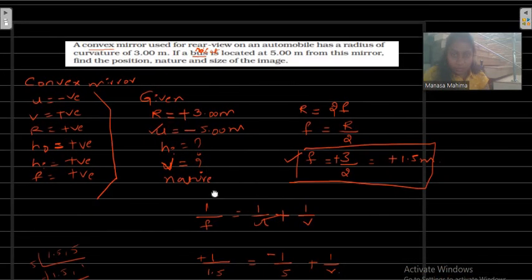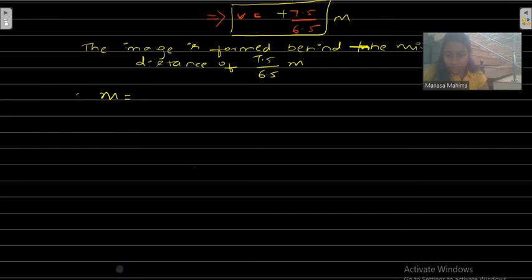You know the magnification formula, right? Magnification, how you can write? It is equal to h prime by h, and it is also equal to minus v by u. You know the value of v and you know the value of u. You need to find the value of m here. M is equal to minus v by u.